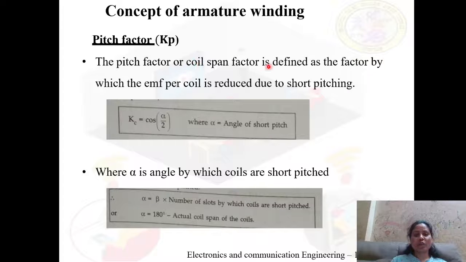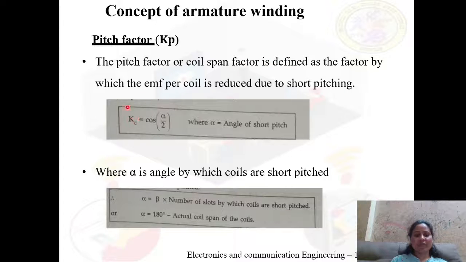Next, let us move on to the concept of winding factor. Let us first consider the pitch factor. We represent this factor with Kp, or it is also called the coil span factor, which is nothing but Kc.